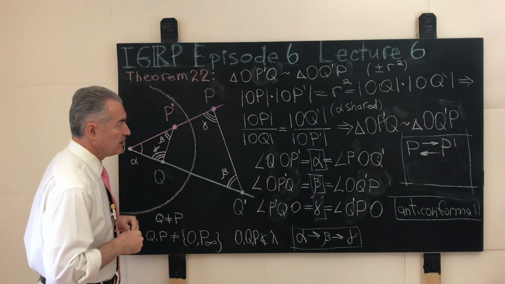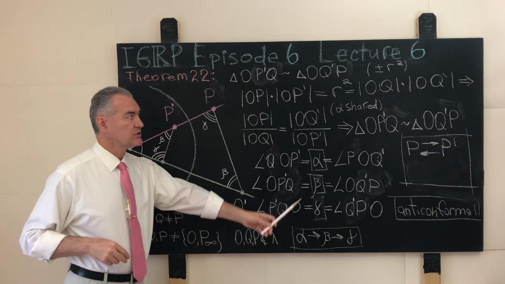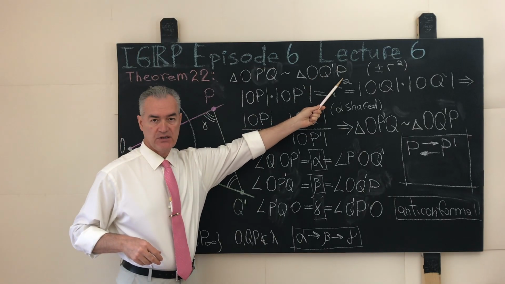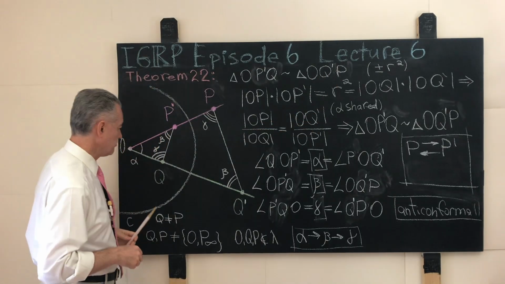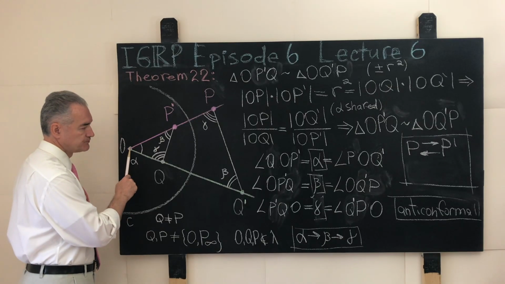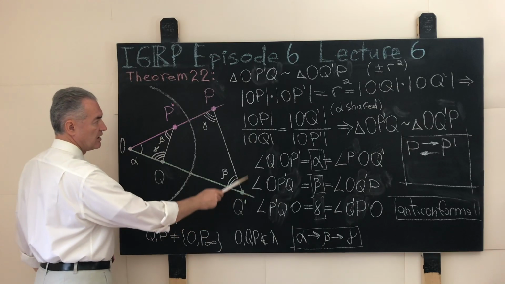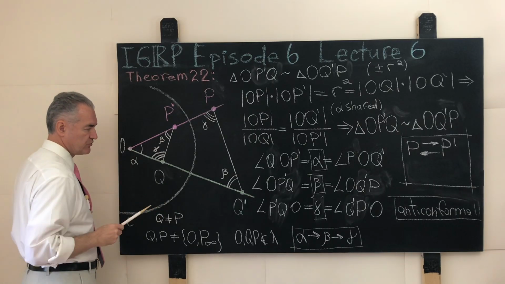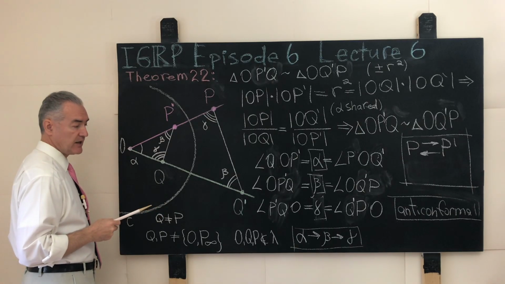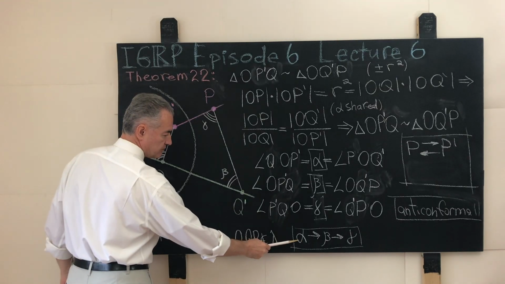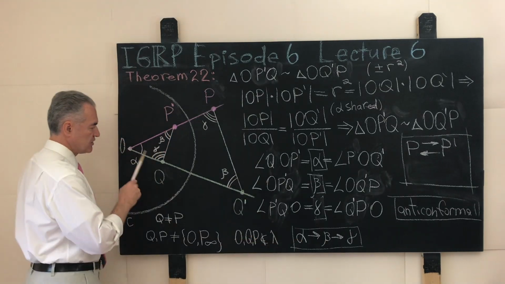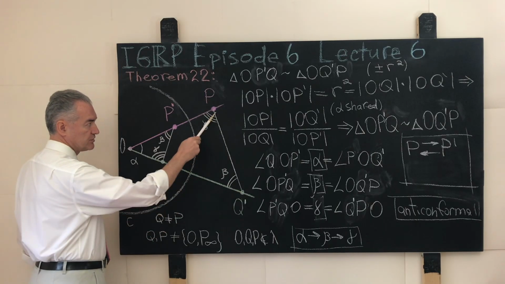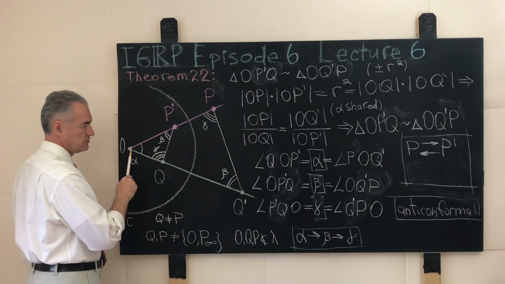Then, in that case, the similar triangles will be named as follows: OQ prime P, because again, by now we understand in this triangle we traverse or visit the angles in our cyclic fashion from the angle alpha towards the angle beta, towards the angle gamma, towards the angle alpha.